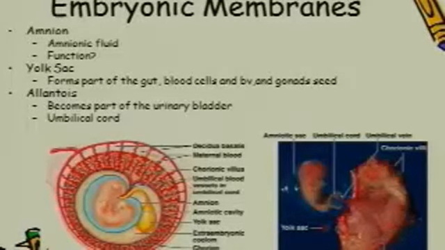Now, embryonic membranes. The three different embryonic membranes that we're going to talk about start with the amnion. The amnion is going to hold the amniotic fluid. And once again, take a close look at that picture. The amniotic fluid is going to help to cushion the baby. Okay, babies will also drink the amniotic fluid.